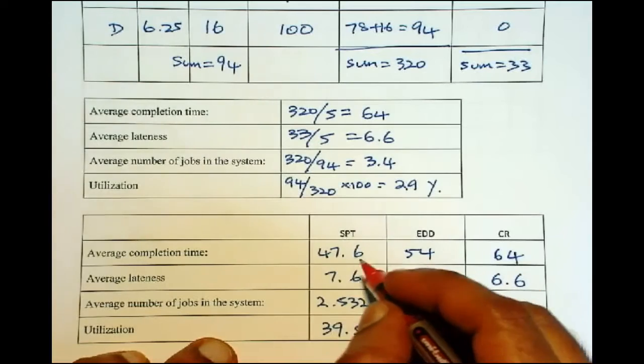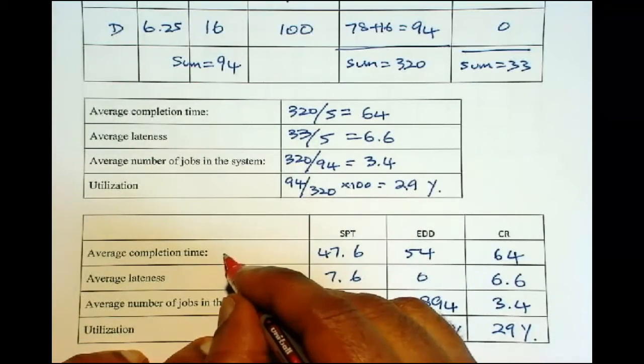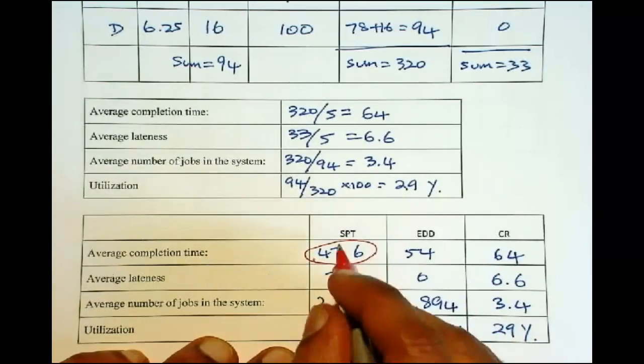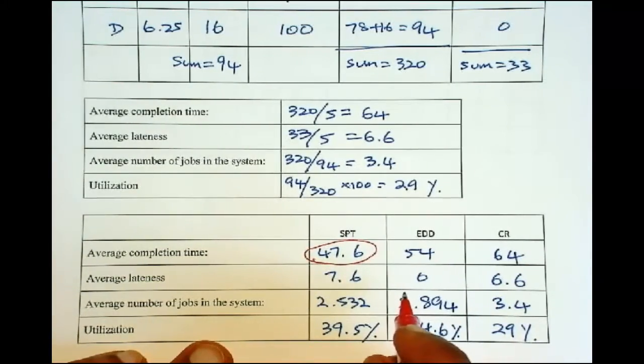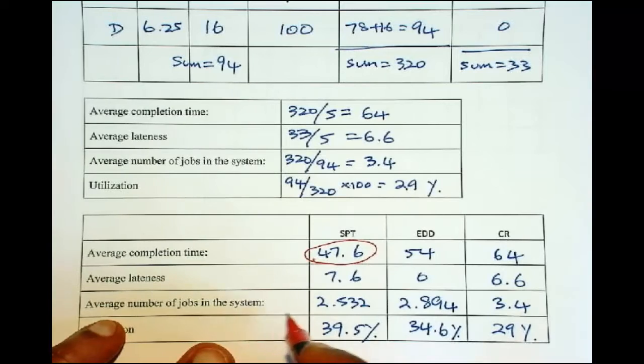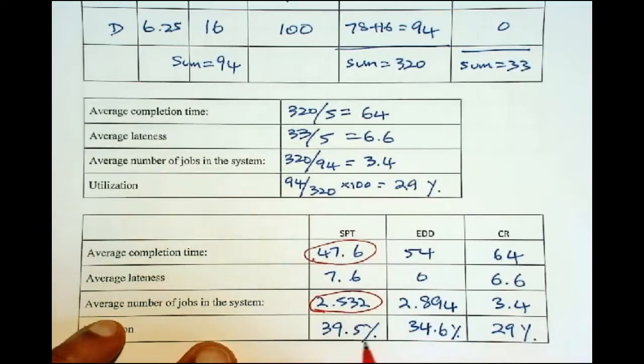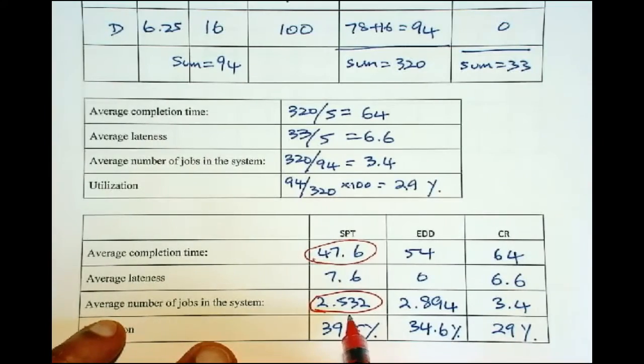Now you see the first one is the measure for WIP, and SPT gives you the smallest value, and similarly the average number of jobs in the system, that's also a measure of work in process inventory. So SPT gives you the minimum value.